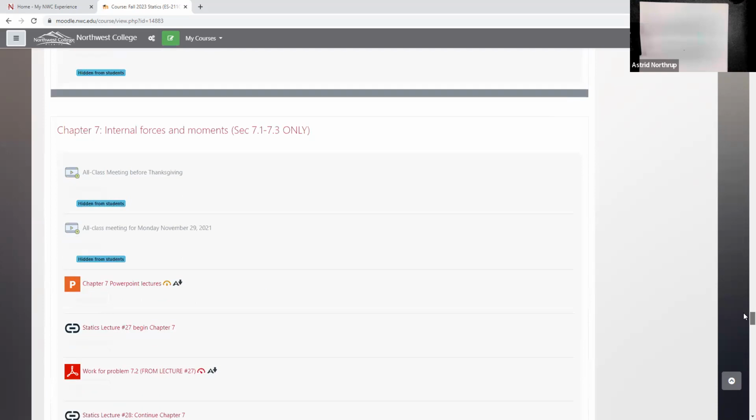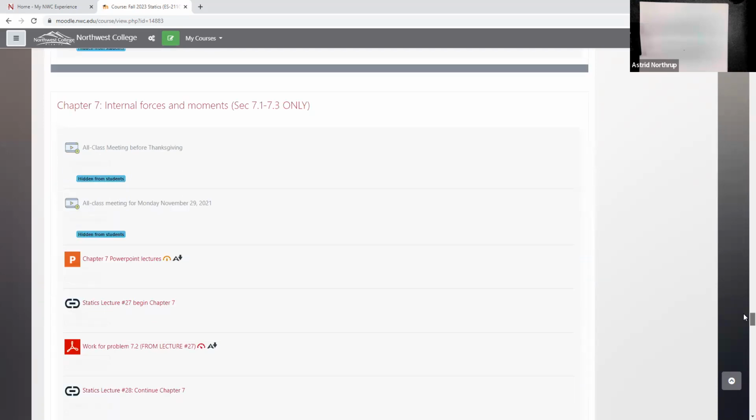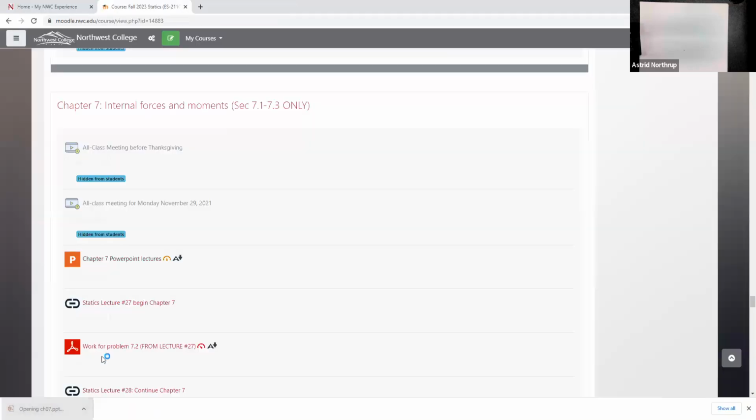After that, we are moving onward to chapter 7. And when we take a look at chapter 7, what we find is that we're talking about internal forces and moments. So once again, this is a little bit new information.